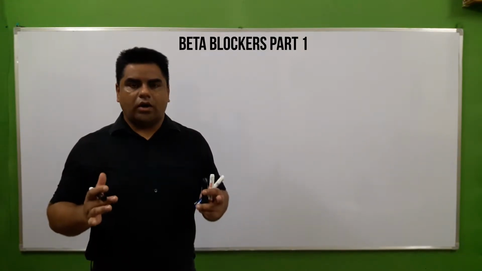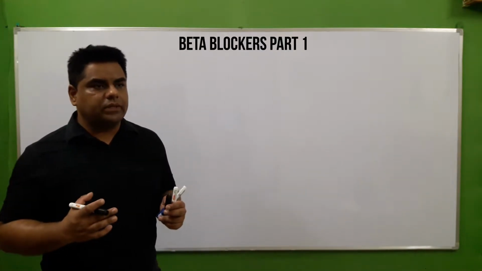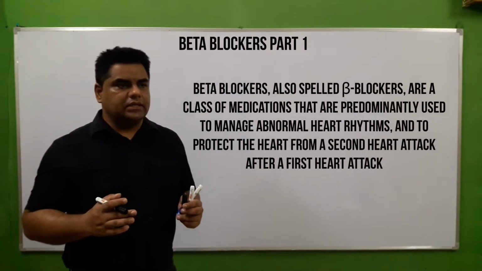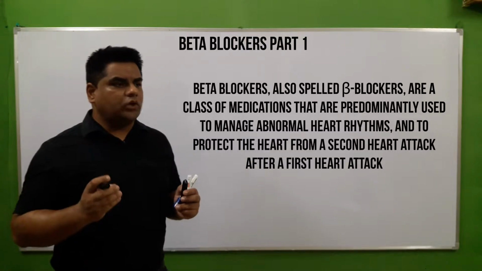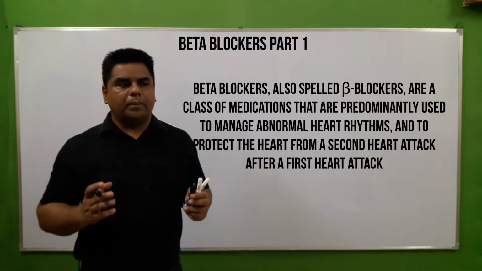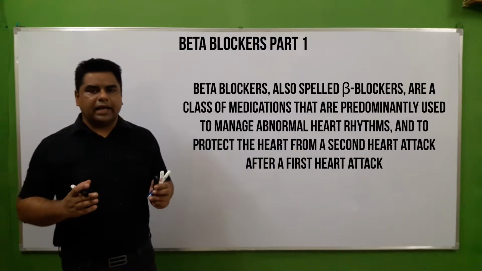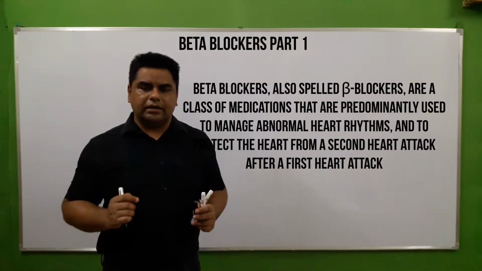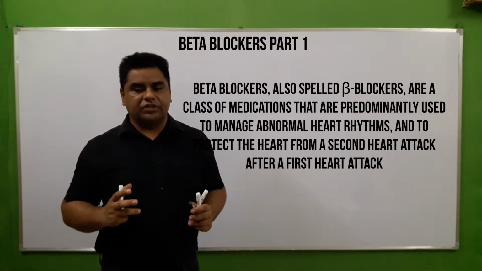First of all we will discuss the introduction of beta blockers, which are also known as adrenergic receptor blockers and are predominantly used to manage abnormal heart rate, abnormal heart rhythm, and heart attack, especially to prevent a second heart attack, which comes under secondary prevention.